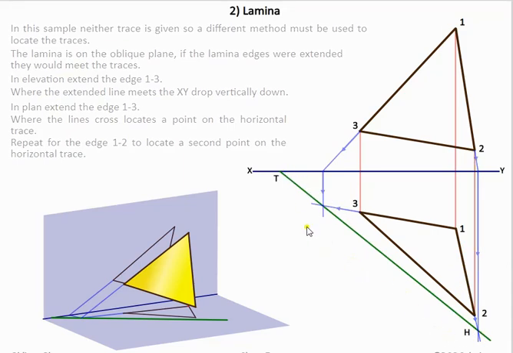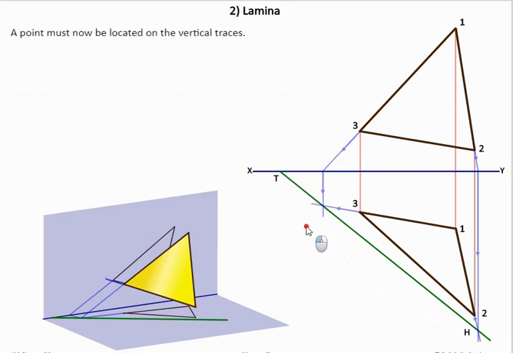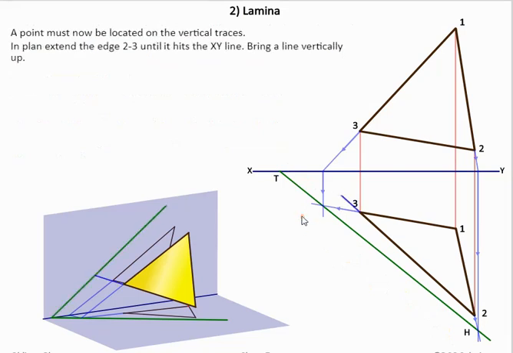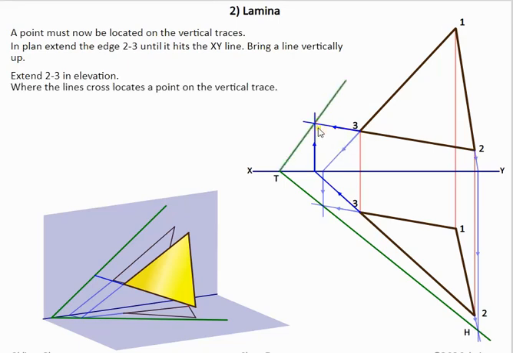Now once we have our horizontal trace constructed, it's quite easy to find the vertical trace because we'll go parallel to the horizontal trace from one of the points. Or in this method, what we're doing is extending on the line 3, 2, bringing this line straight up, and then extending on the line 3, 2 in the elevation view here. So this is the alternative method of doing it.